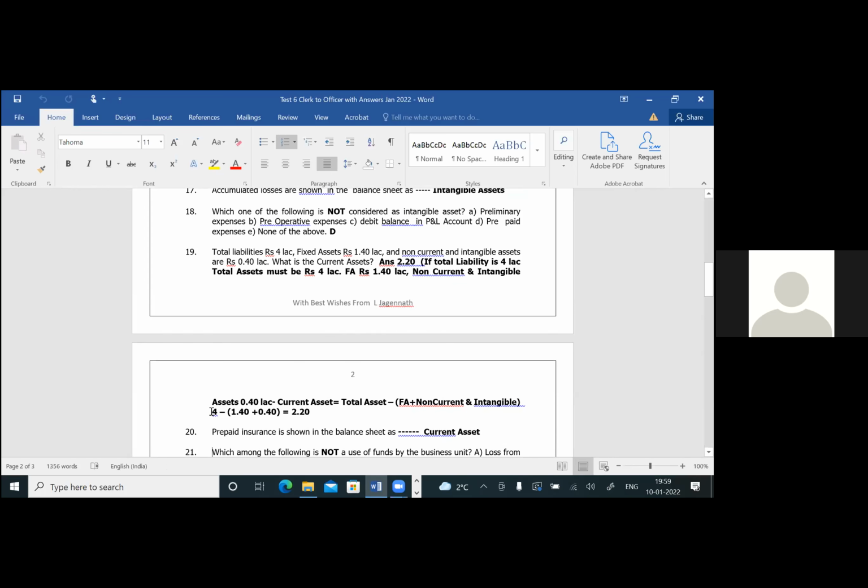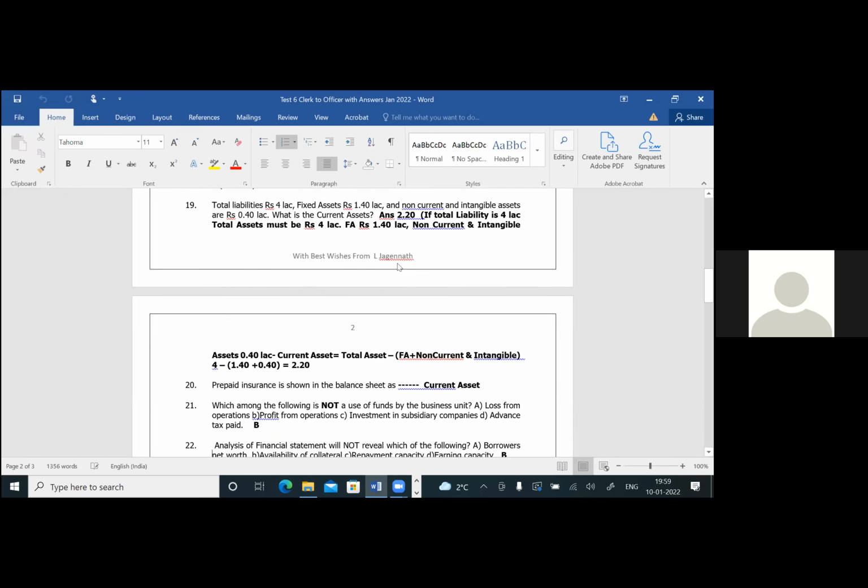How did you get total asset as 4? Because total liability is 4, total asset also should tally. So 4 minus 1.80, the answer is 2.20. So question number 19, the answer is 2.20.